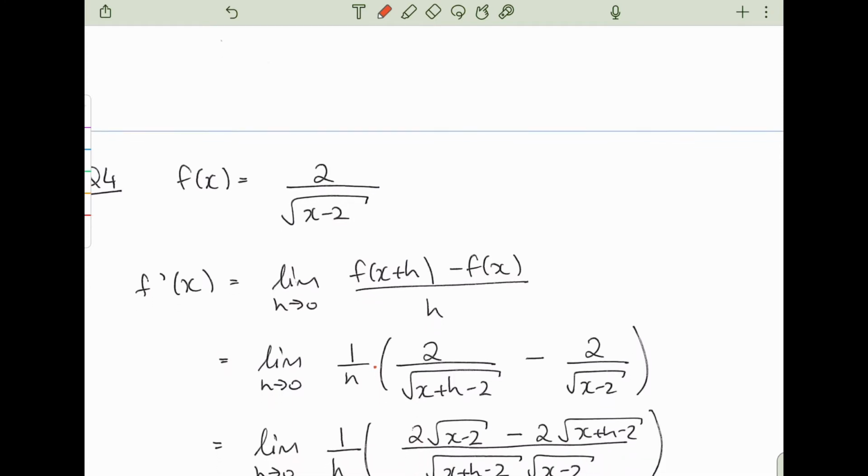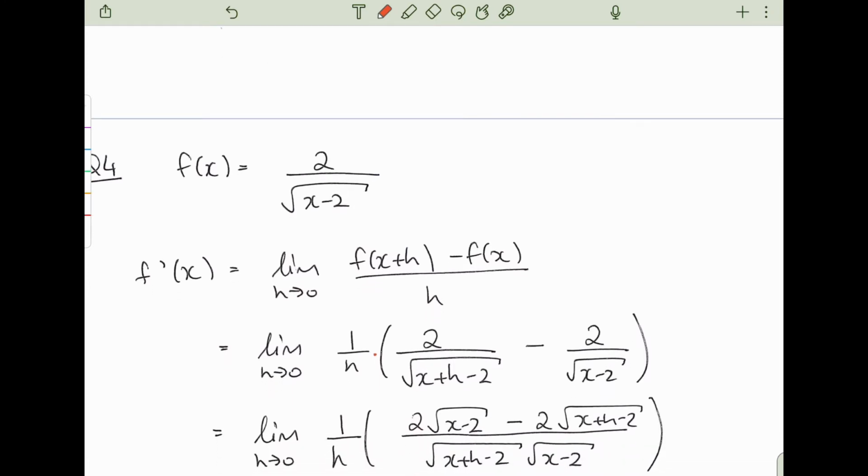So now we work on this bracket expression and cross multiply. So we have this multiply with this, and this thing multiply with that.